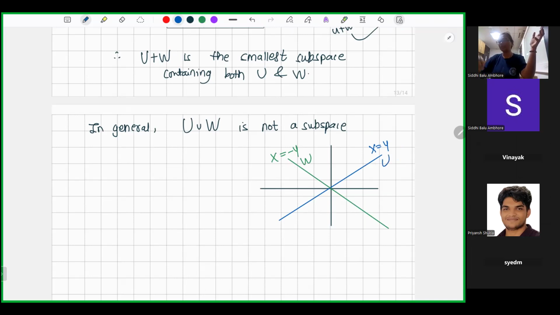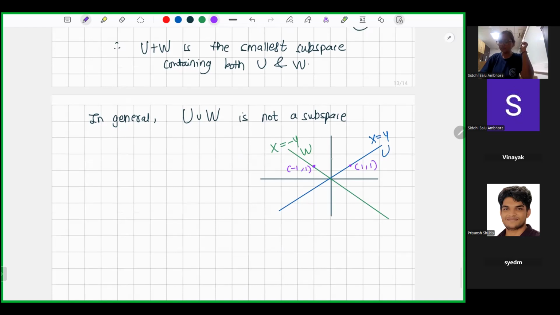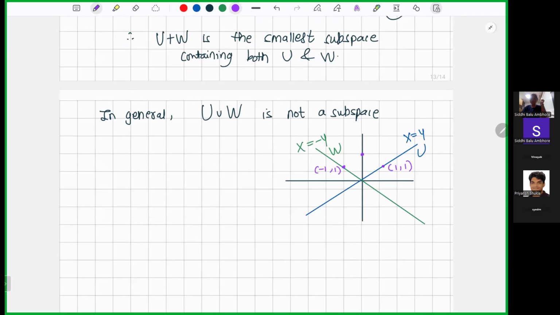But their mere union, just taking these two lines, is not a subspace, because if I take one point here, suppose this is minus 1, 1. And if this is 1, 1, then the addition of these two points is 0, 2, which is somewhere here. And it is not inside the union of these two subspaces, right?